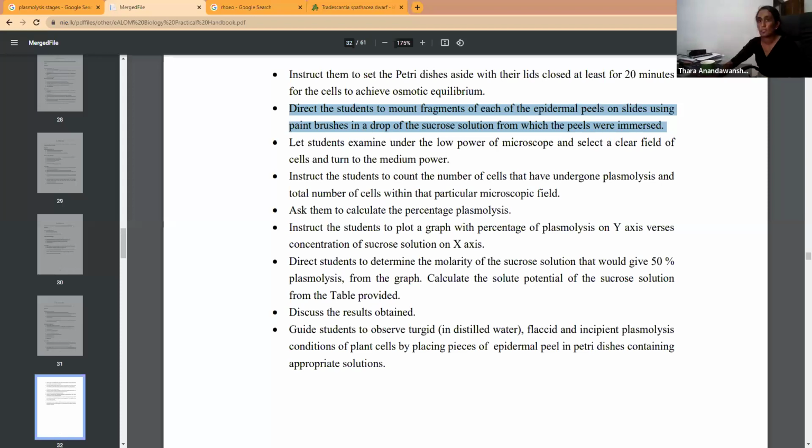What is the reason for placing a droplet of relevant sucrose solution on the slide?